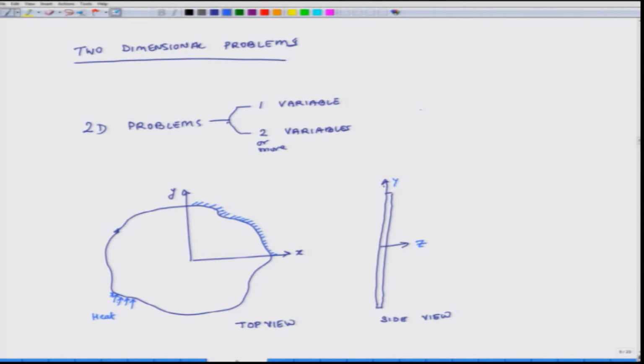So, I am heating a portion of the edge, the other part is open, and this other edge is insulated, and I am interested in finding the temperature at any point. So, here there is one single variable T, but it varies with respect to x and y. So, it is a 2-dimensional problem involving one single variable, which is T. So, this is a 2D problem with one variable.